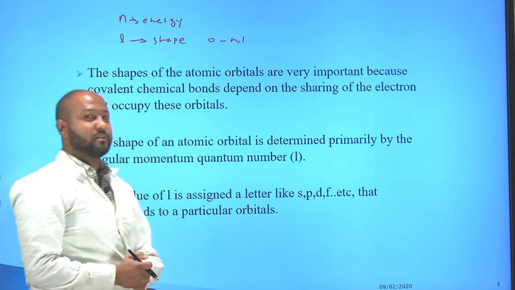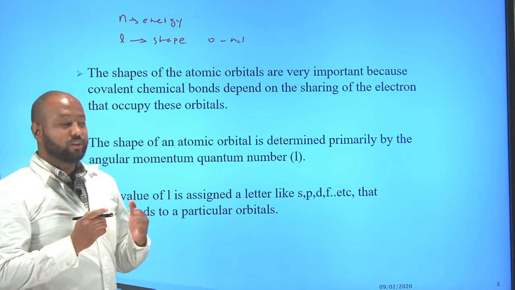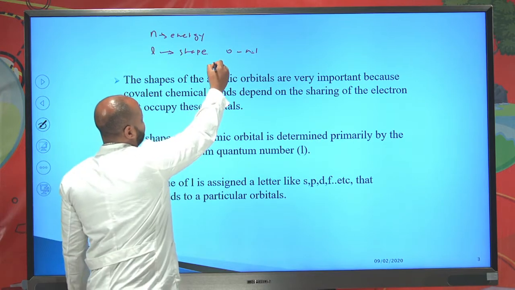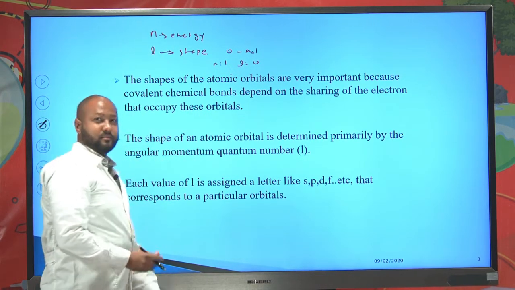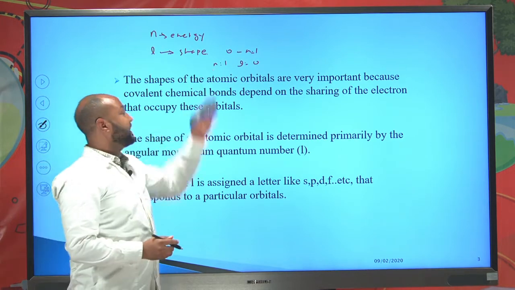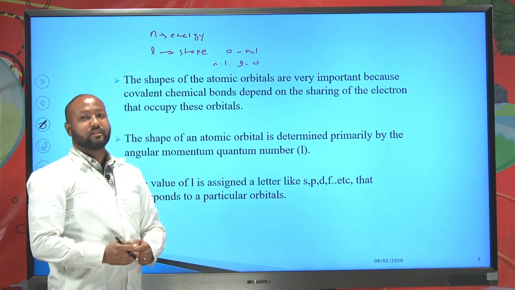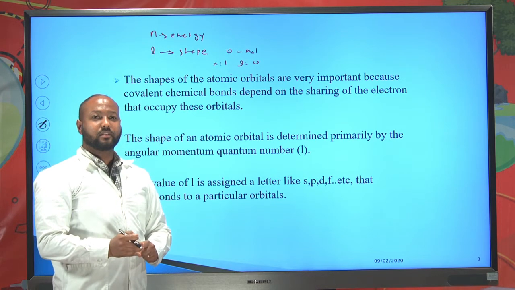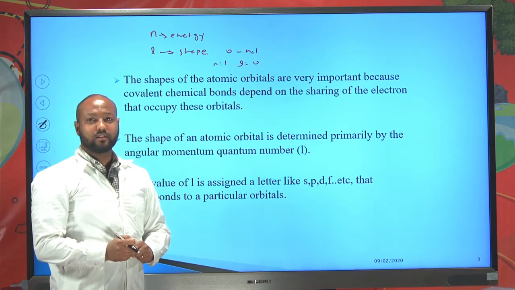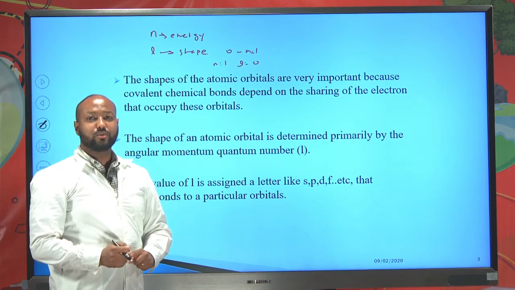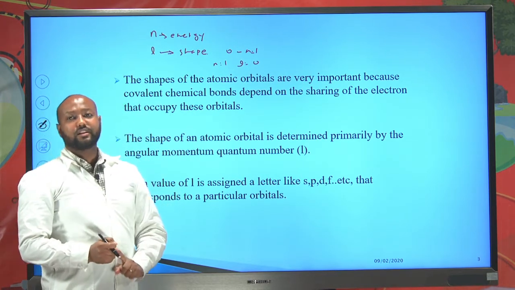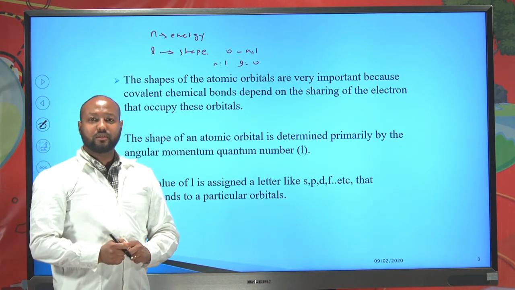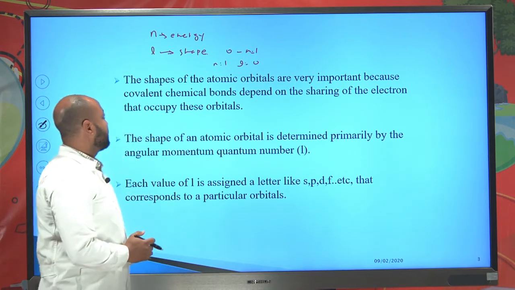For example, if the n value is 1, L equals 0. n is the energy level. If n is 1, it is the first energy level. If n is 2, the second energy level. If n is 3, the third energy level, and so on.